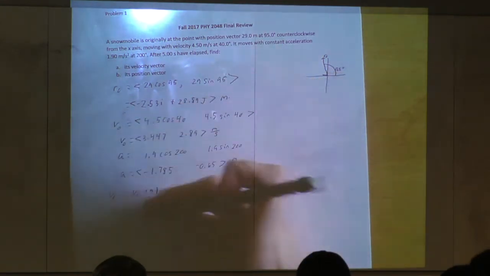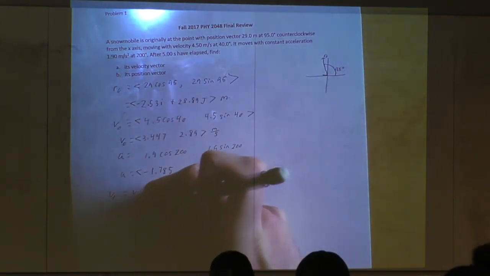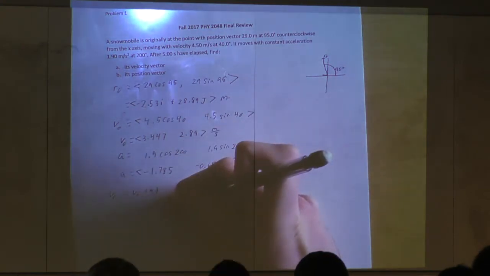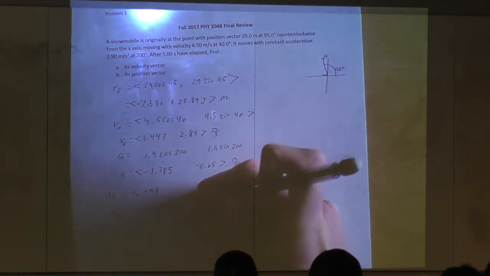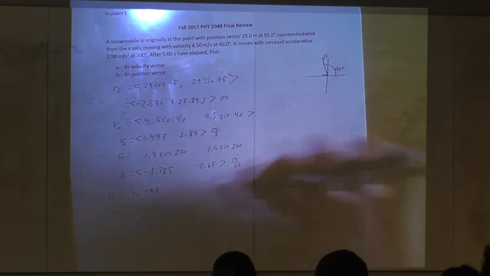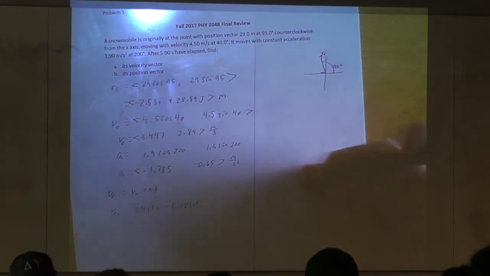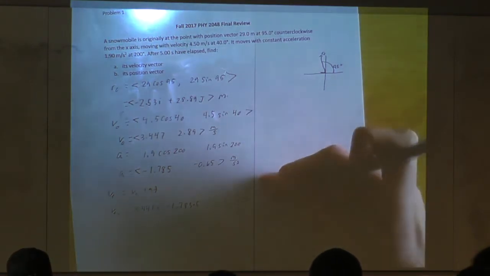taking the initial velocity from up at the top, and then pulling the acceleration down from above as well. And then doing the same exact thing for y.